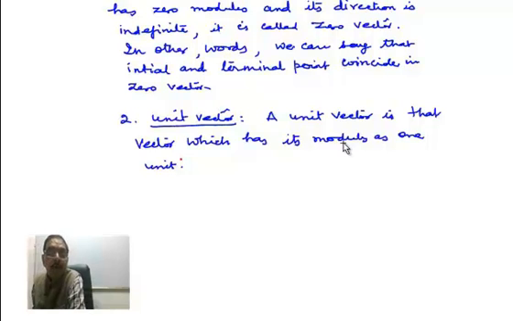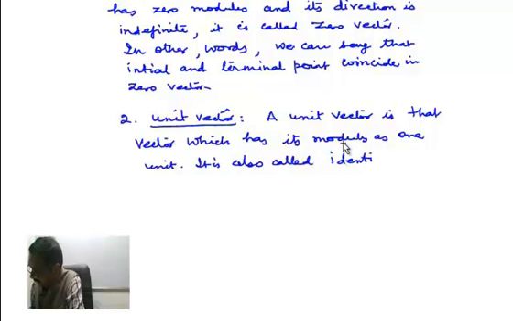It is also called identity vector. Unit vector is also called identity vector.